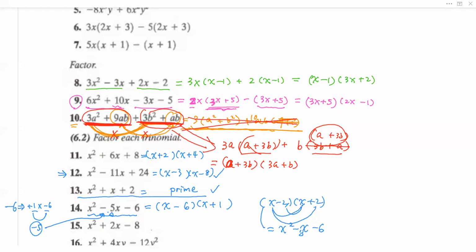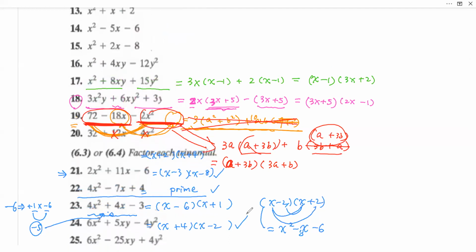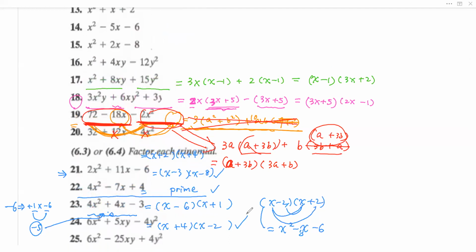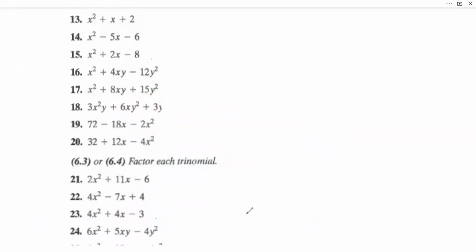Iris, Gloria, number 15. Gloria, can you read this answer from your homework? I got x plus 4 and x minus 2. Correct, that's easy, right? Okay, let's see, number 16. Let me clean the screen first. Number 16.